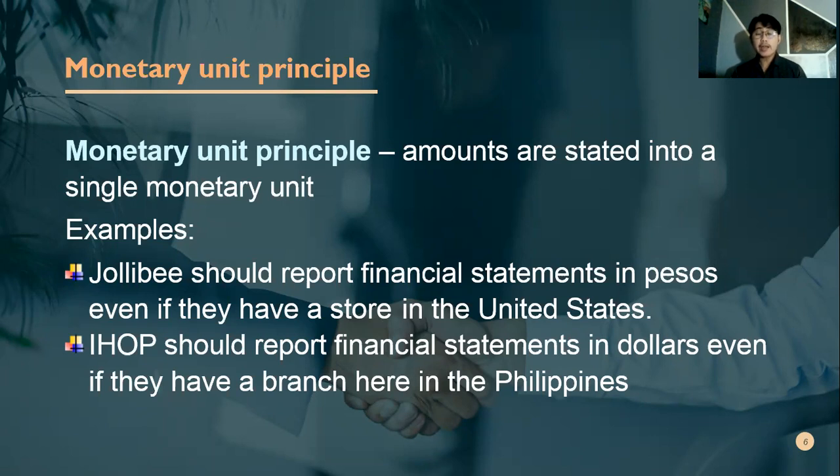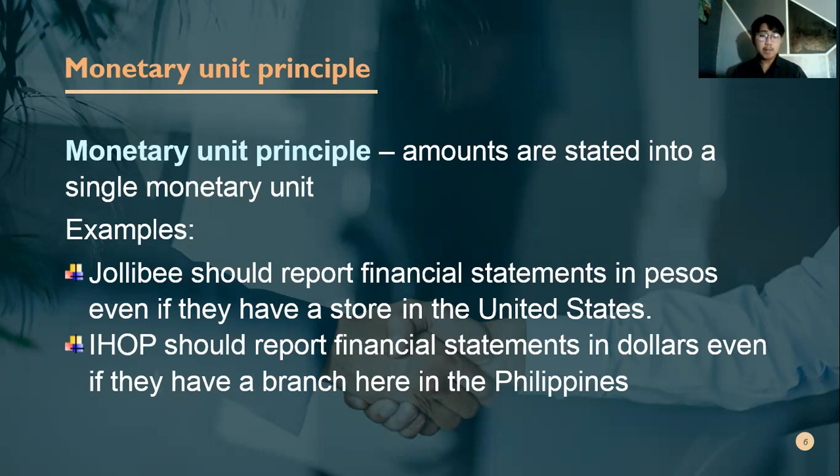Kung peso, if you are in the Philippines, you need to use Philippine peso. Okay? So kahit na may mga store ka sa ibang bansa like in US, Japan, Korea, and etc., it must use Philippine peso. Okay? Para maging clear and madaling maintindihan.